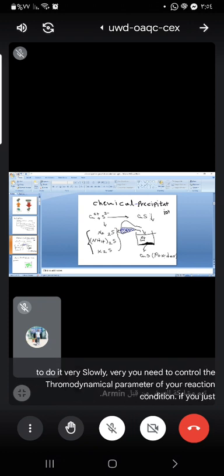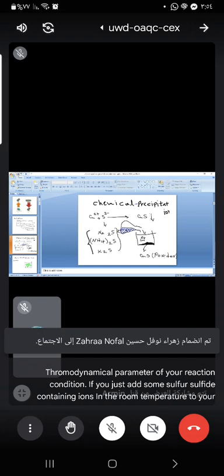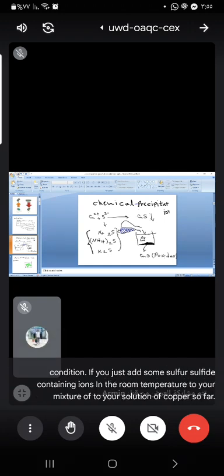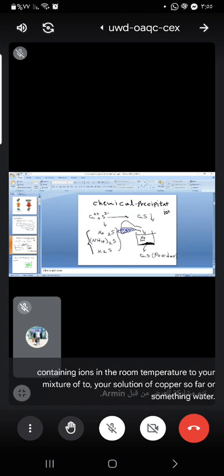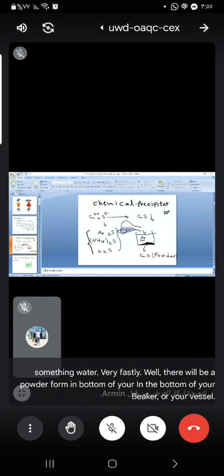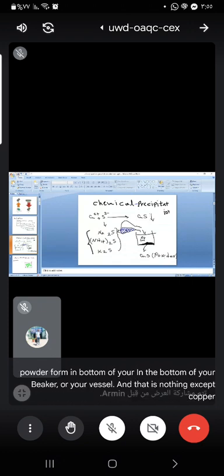If you just add some sulfide-containing ions at room temperature to your solution of copper sulfate in water very fast, there will be a powder formed in the bottom of your beaker or vessel, and that is nothing except copper sulfide powder.